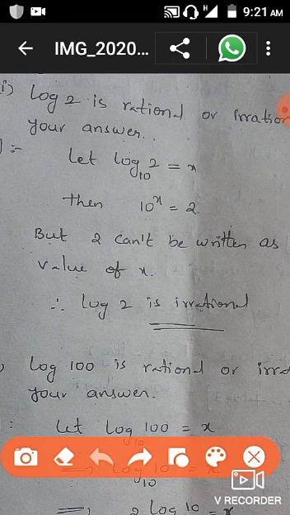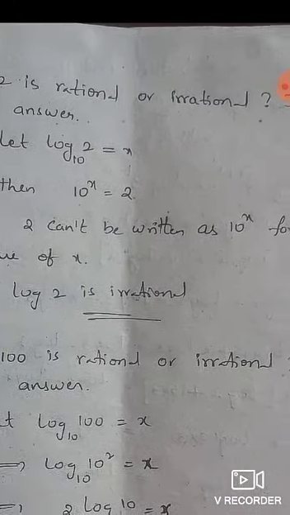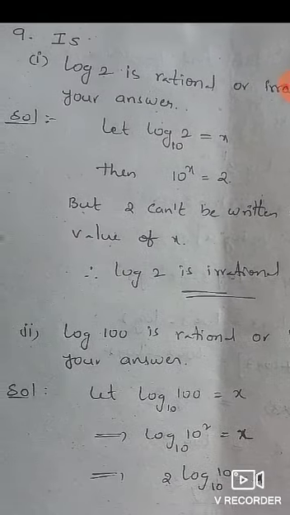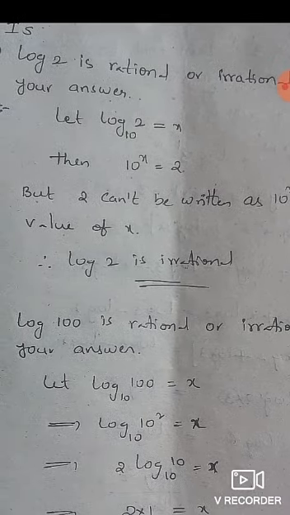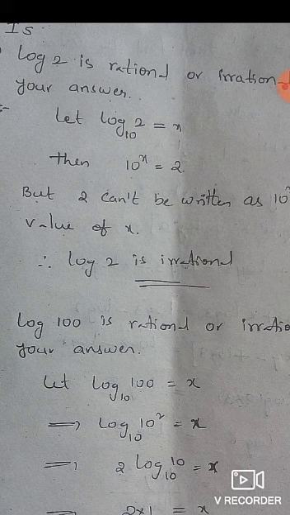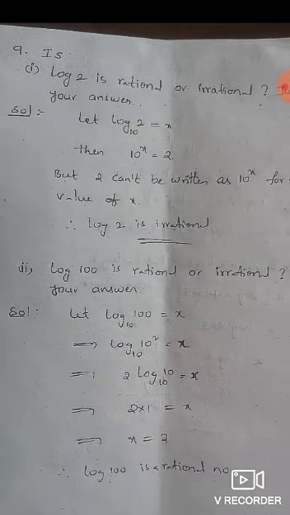So now what we can say here is that 2 cannot be written as 10 power x for any value of x. When giving natural numbers for x, always greater than 2 will come: tens, hundreds, thousands.